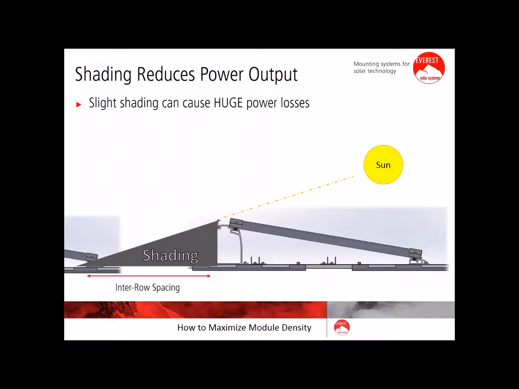Particularly if we're talking about the difference between a south-facing system in, say, Southern California versus New England, this inter-row spacing is going to change based off the angle of the sun at different times of the year, based off the latitude of where we are in the U.S. or really anywhere around the world. So we can definitely see some disadvantages with this inter-row spacing in, say, a place like Massachusetts versus maybe Southern California.